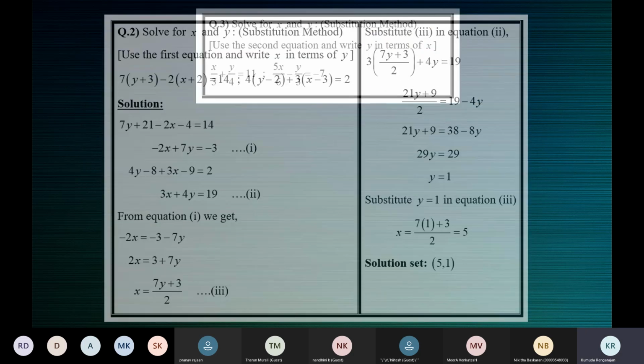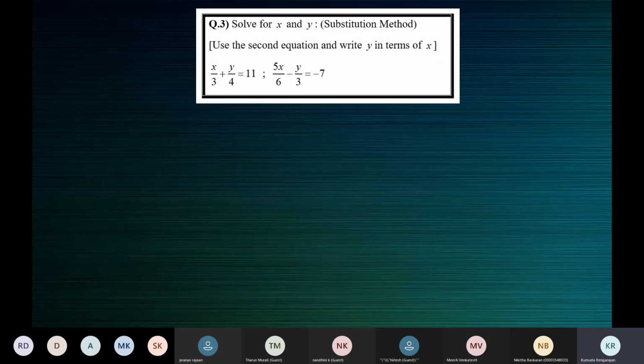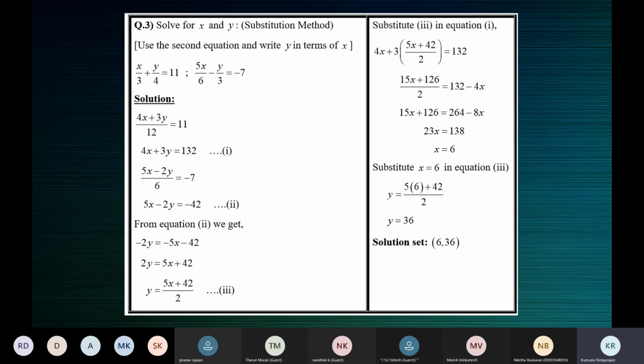In the third one, we have numbers in the denominator. That's fine. We have to take the LCM, cross multiply and get the equations in the standard form. And solve by the substitution method.